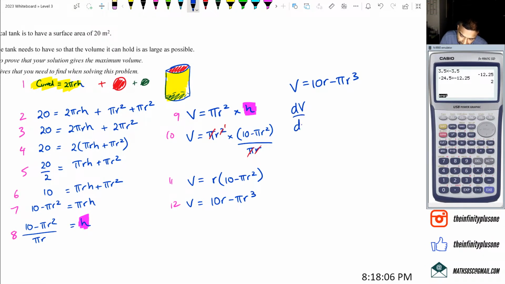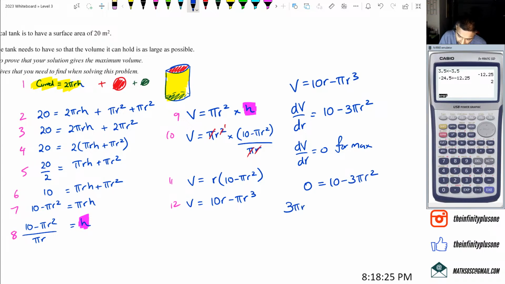So dV/dr is equal to 10 minus 3 pi r squared. Then we're going to say that dV/dr is equal to 0 for max. So 0 is equal to 10 minus 3 pi r squared.